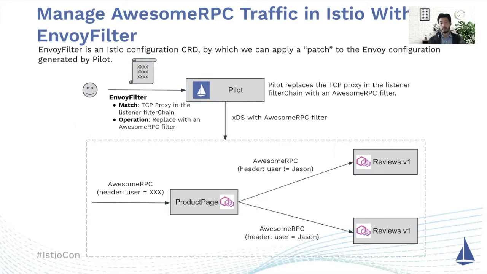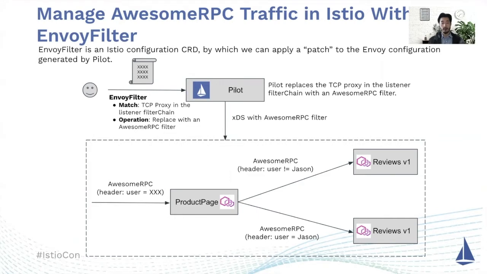For those folks who are not familiar with EnvoyFilter, it's a powerful low-level Istio configuration CRD. We know that Istio has some high-level CRDs that are user-facing, like ServiceEntry, VirtualService, and DestinationRule.